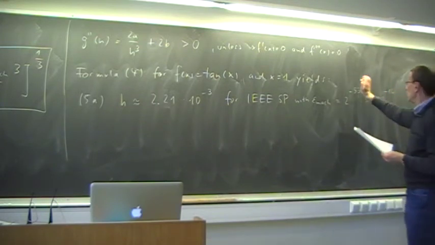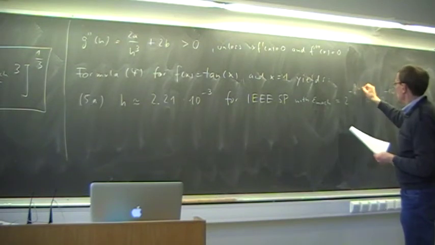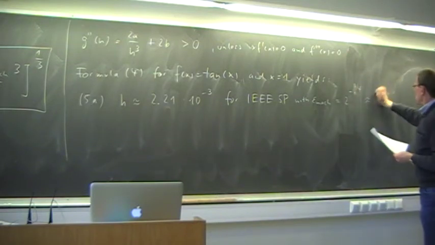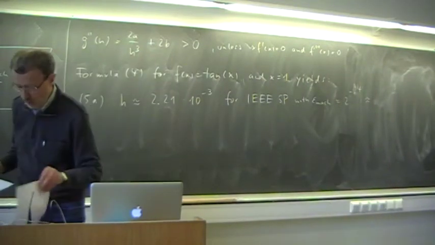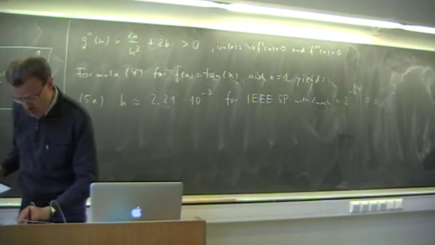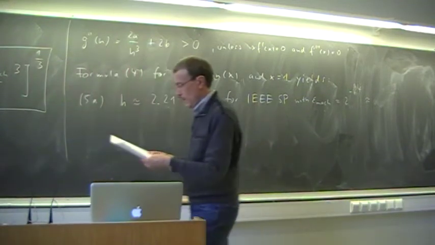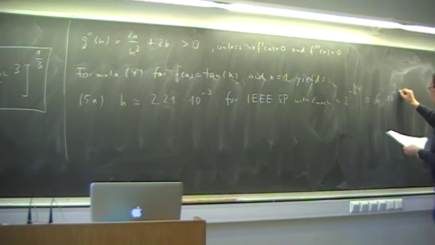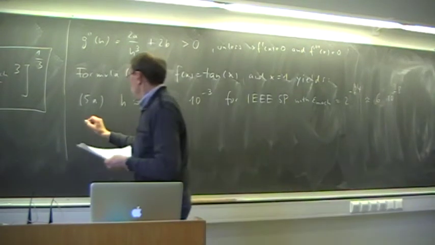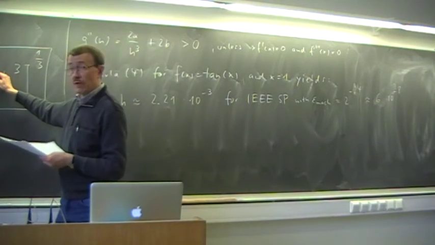Oh, sorry, this is wrong. This is the double precision. I think I have to check that. Yes, for single precision this is approximately 10 to the power minus 8, because that is entering in our formula here.